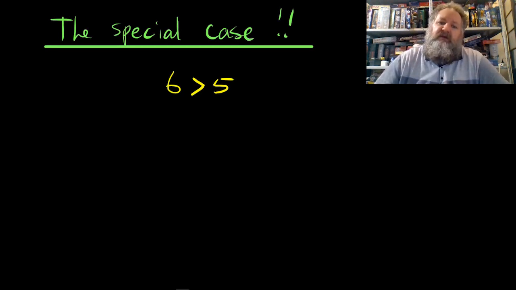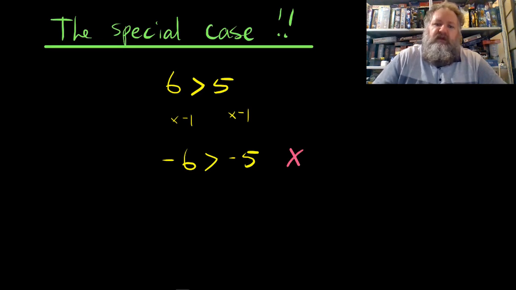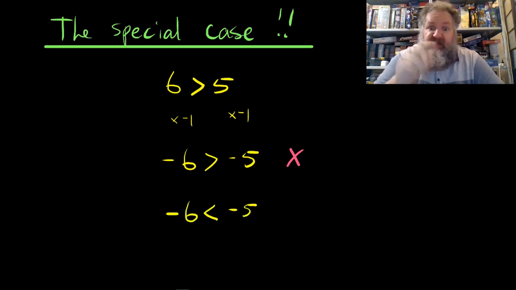But what if I multiply both sides by -1? 6 times -1 will be -6. 5 times -1 will be -5. However, there's a problem with this one. That is not correct. -6 is not greater than -5. In reality, -6 is actually smaller than -5.